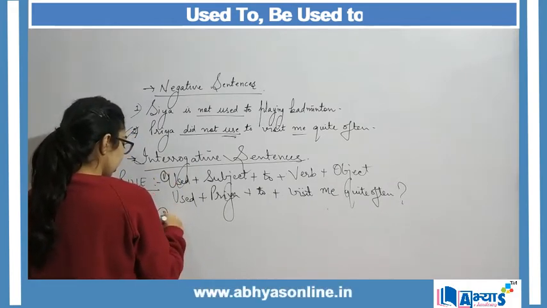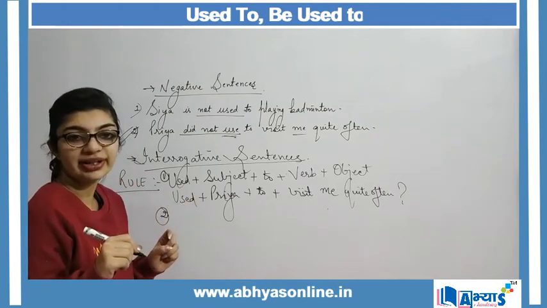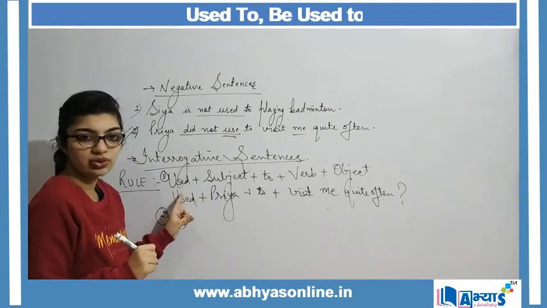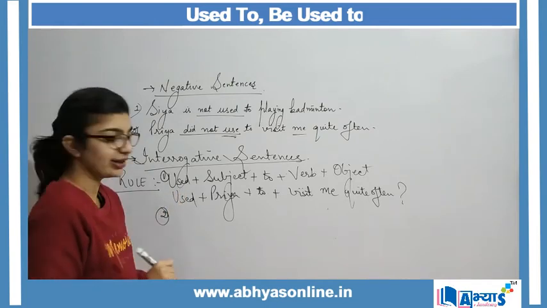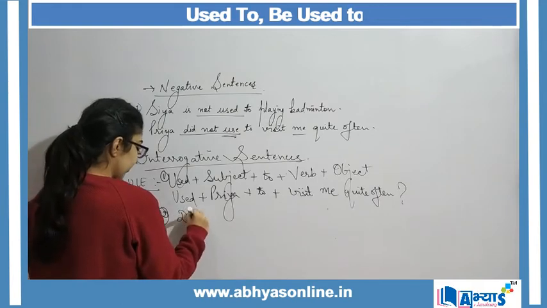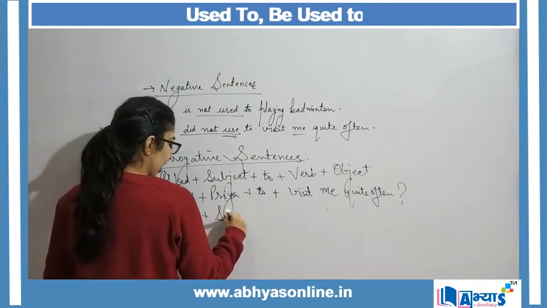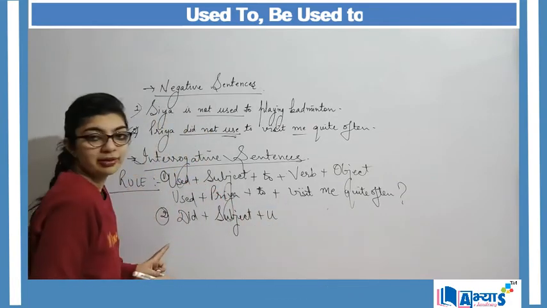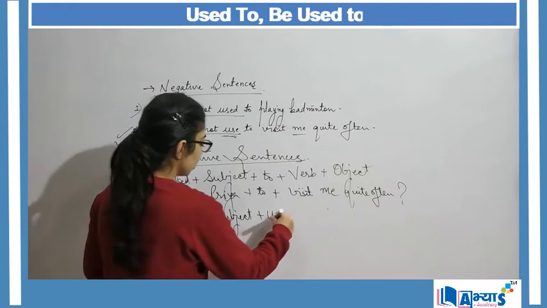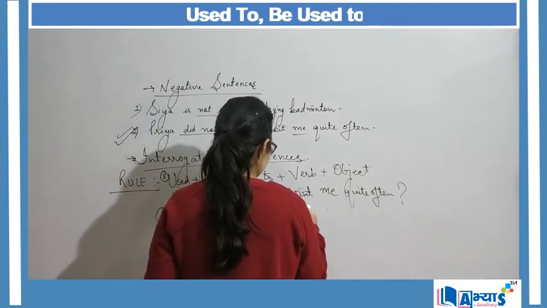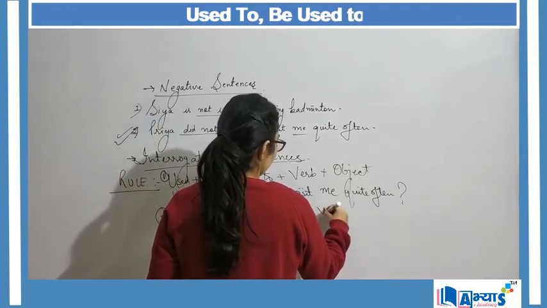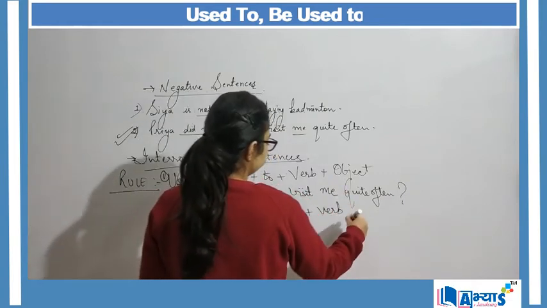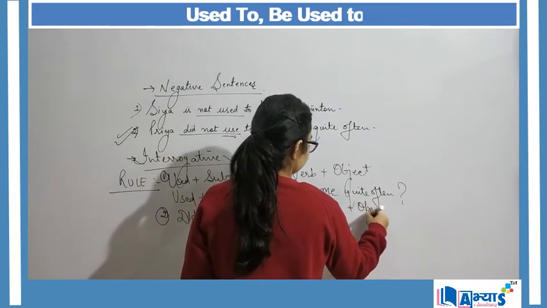Second is when our interrogative sentence begins with did. Here my interrogative sentence is beginning with used. Next it will begin with did. So I say did plus my subject plus, with did, my verb will be of first form. So did plus subject plus used to plus verb plus the object.